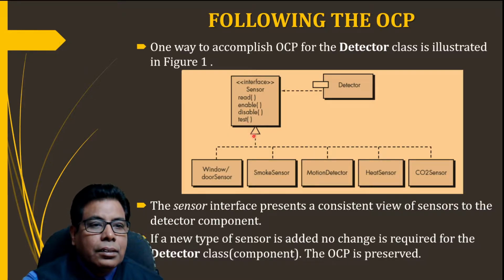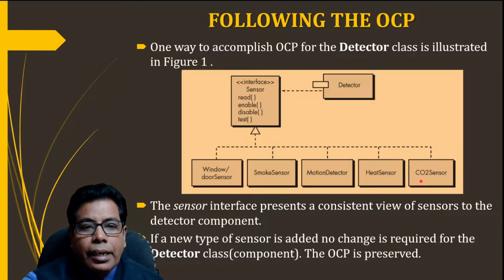And these are the different sensors which are presently used: the window or door sensor, for opening of window and door, then smoke sensor, motion sensor that will detect the motion, then heat sensor that will detect heat, and the carbon dioxide sensor, CO2 sensor. So these are the sensors which are presently used.